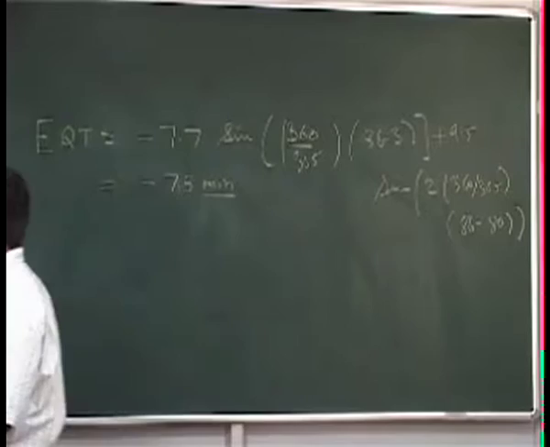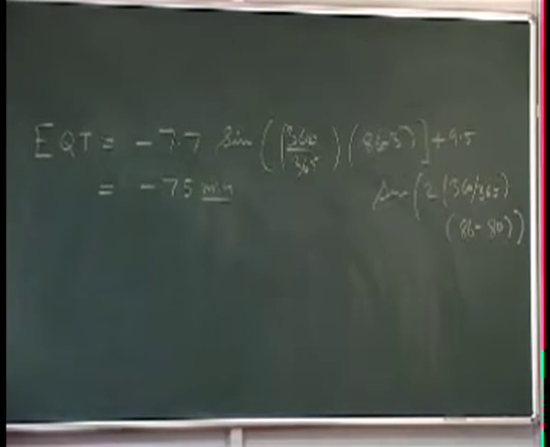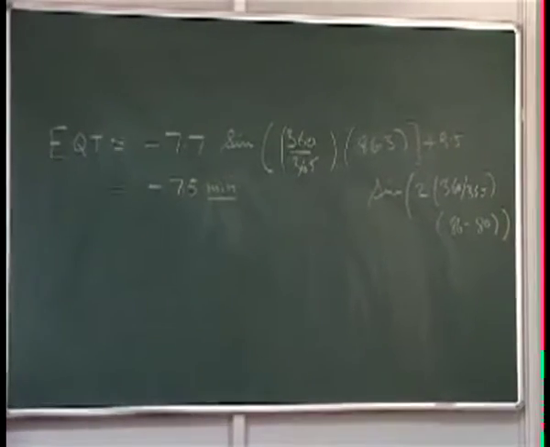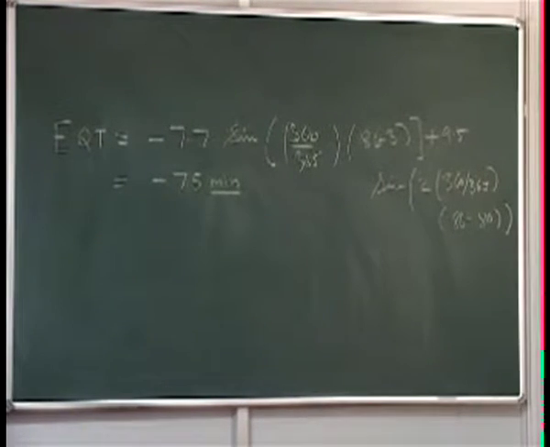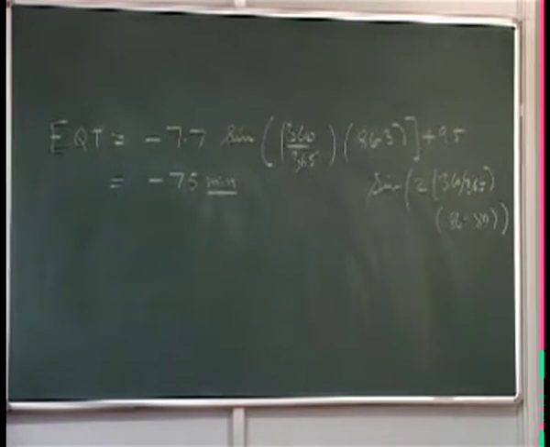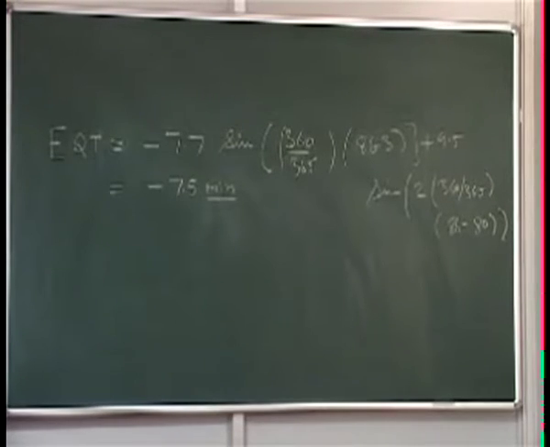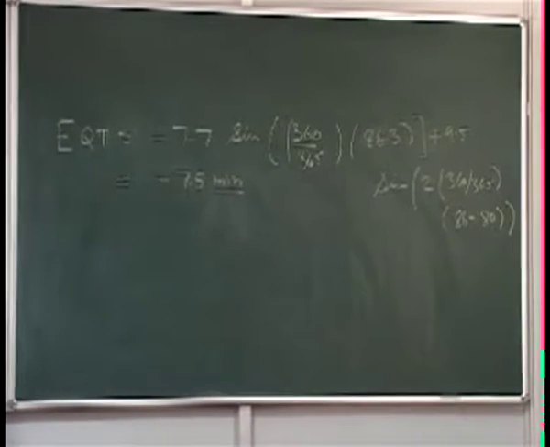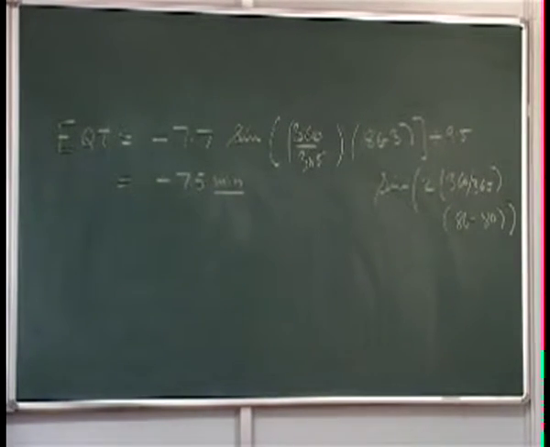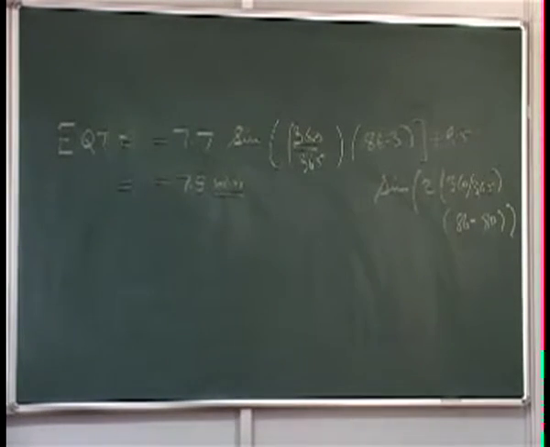The way the equations are written, all angles you can take in degrees. But always remember, when you have a trigonometric function, all angles are taken in radians. This is just the way it is simplified and written.